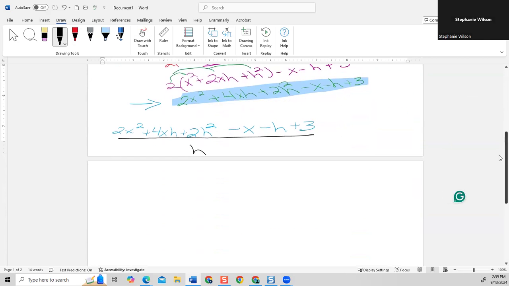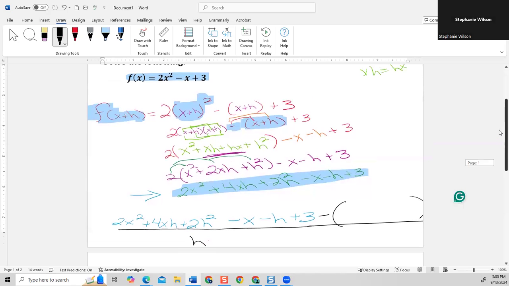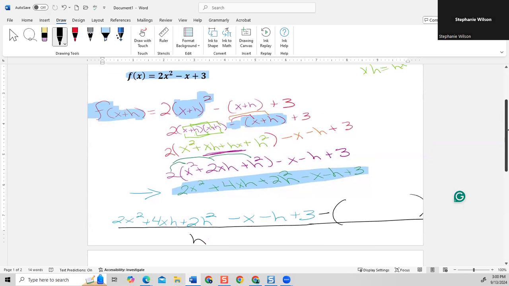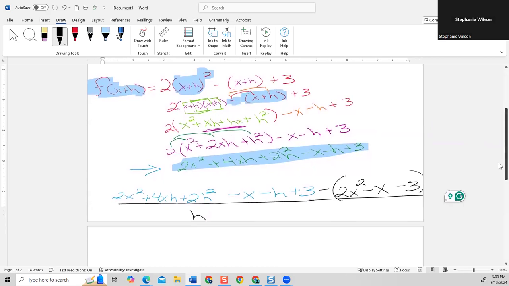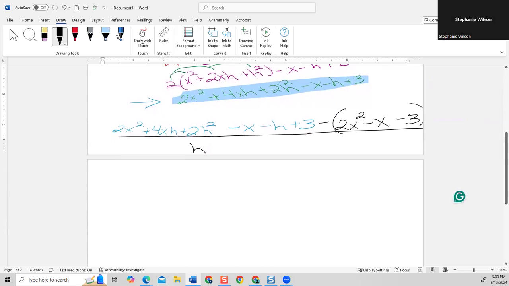All right, so how I know I did this right is that my original function actually cancels out. Oh, and I didn't put it on here: minus my original function. We're going to put that in parentheses. The original function is 2x squared minus x plus 3. All right. Next, I see in front of that parentheses a negative, so I'm going to apply this -1 to everything inside here.